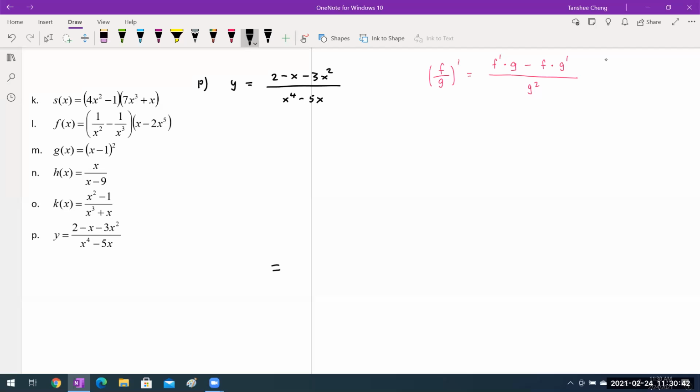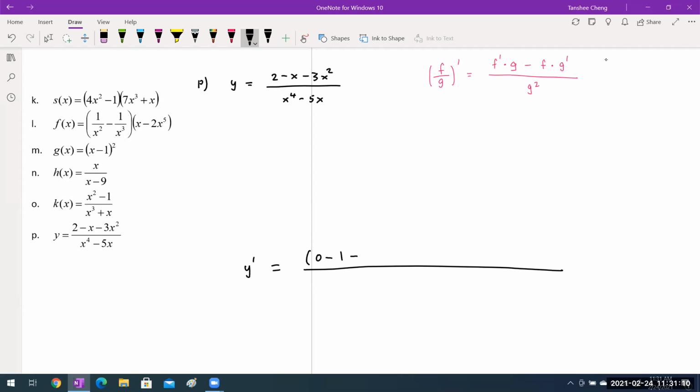Now, let's pause it and then try example of P. Okay. So if I'm doing this problem after practicing so many times of applying the formula and writing out everything, this is how I will approach it. If I take derivatives, y prime, then right away I will be thinking about derivative of the numerator. When I take derivative of the numerator, derivative of constant is 0, minus derivative of x is 1, minus derivative of 3x to the second power.